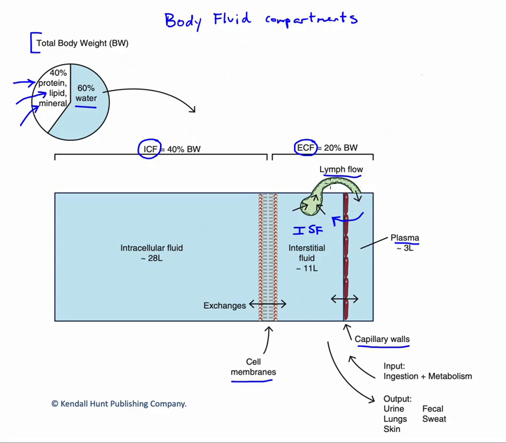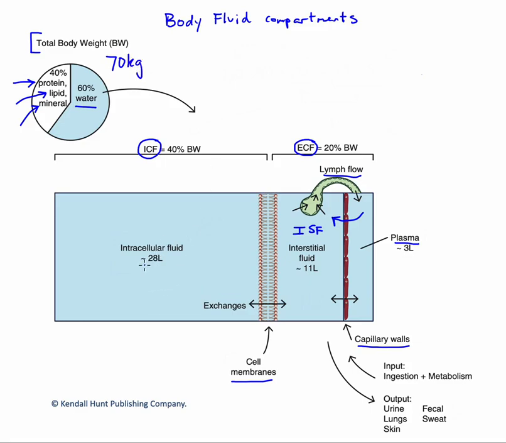So we've got this sort of circuitous pathway of fluid moving from plasma to interstitial fluid and back. Now, that's not to say there isn't also potential fluid movement to and from the cells across the cell membranes. That's also true.